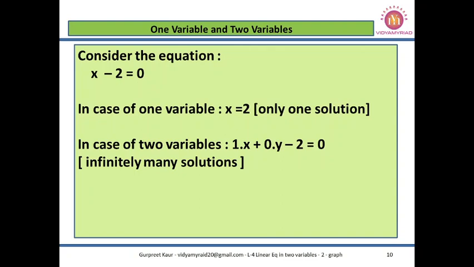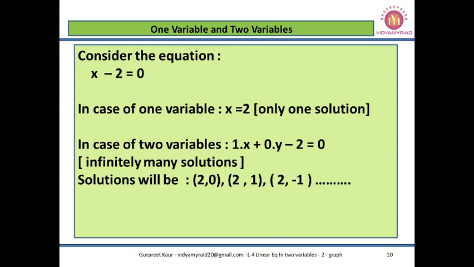So solutions can be (2, 0), (2, 1), (2, -1). It can be in any form. If you see here, x everywhere I have taken as 2 and I am changing the value of y. So x will remain constant. You know x is 2. So I can change the value of y correspondingly.